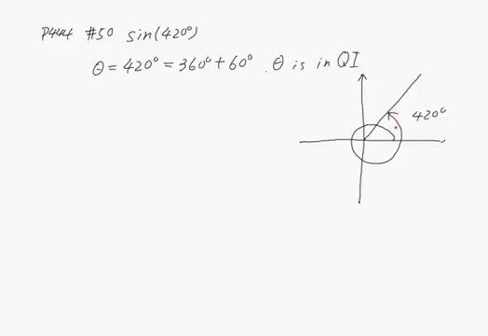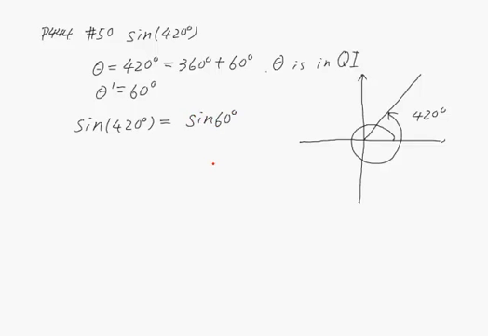So this reference angle is equal to 60 degrees. So theta prime is equal to 60 degrees. So that means sine of 420 degrees is equal to sine of 60 degrees up to a sign, right?